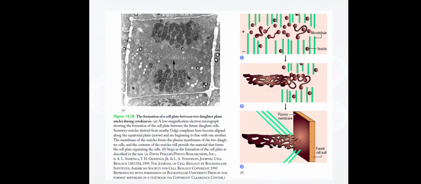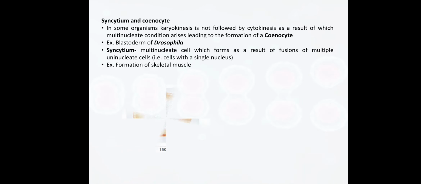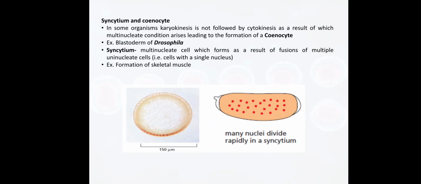There is a small topic after this, that is syncytium and cenocyte. You can make out the difference in this image. In some organisms, karyokinesis is not followed by cytokinesis, as a result of which multinucleate condition arises.